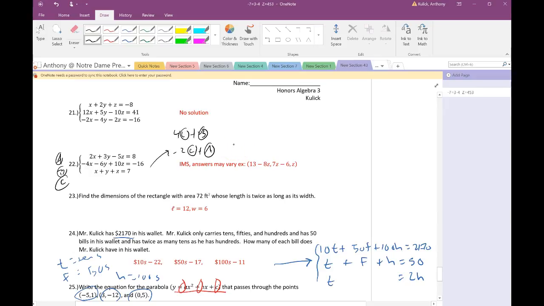When I do the first one, I get 0 x's, I get negative 2 y's, I get 14 z's, and I get 12. When I do the next one, I get 0 x's, I get 1 y, I get minus 7 z's, and that's negative 14 plus 8 is negative 6.